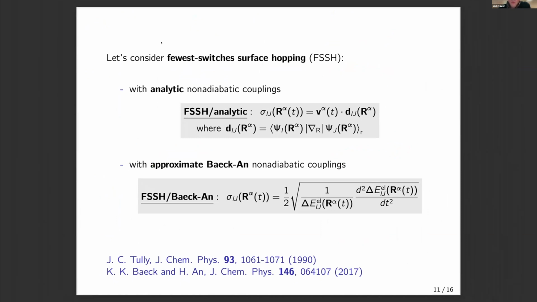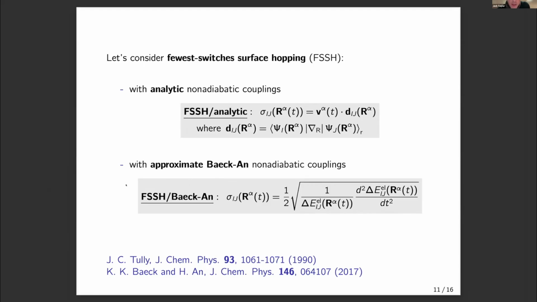So I'm going to show you one trajectory using fewest switches surface hopping. And I'm going to consider two ways of doing fewest switches surface hopping. The standard way, using analytic gradients, as well as using approximate Baeckan couplings.